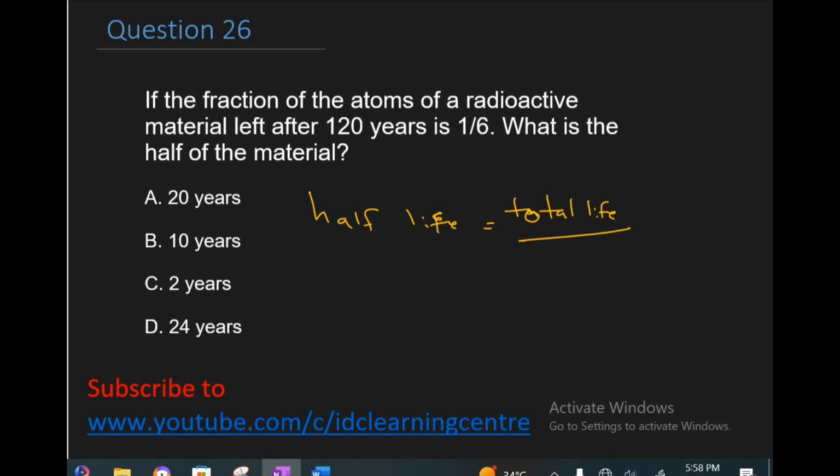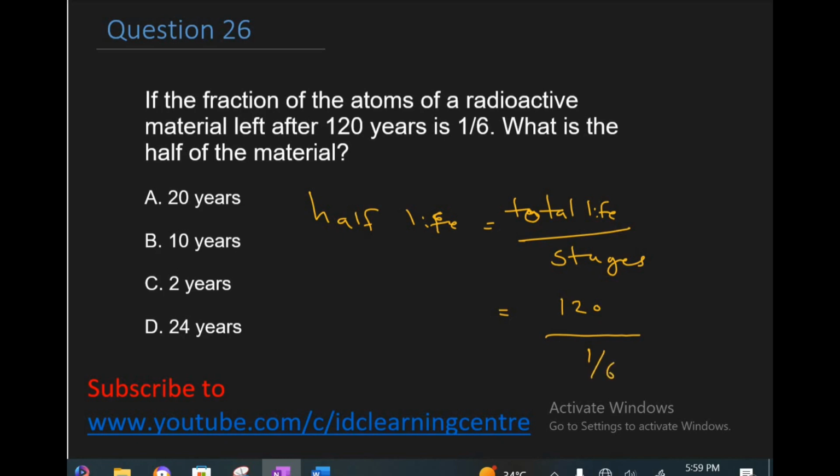Total life divided by the stages is going to give us the half-life. So in this question, the total life is given as 120 years. So divide by the stages. The stages here is giving us 1 all over 6.